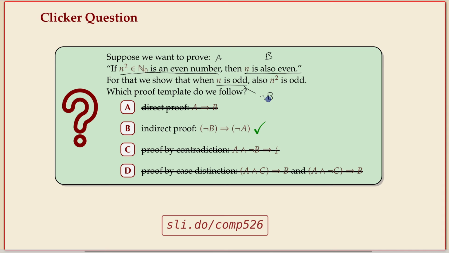But for integers, any integer is either odd or even. So not even means odd. As odd as it sounds. And that's not A. Right? So we showed the implication not B implies not A, and that's an indirect proof.